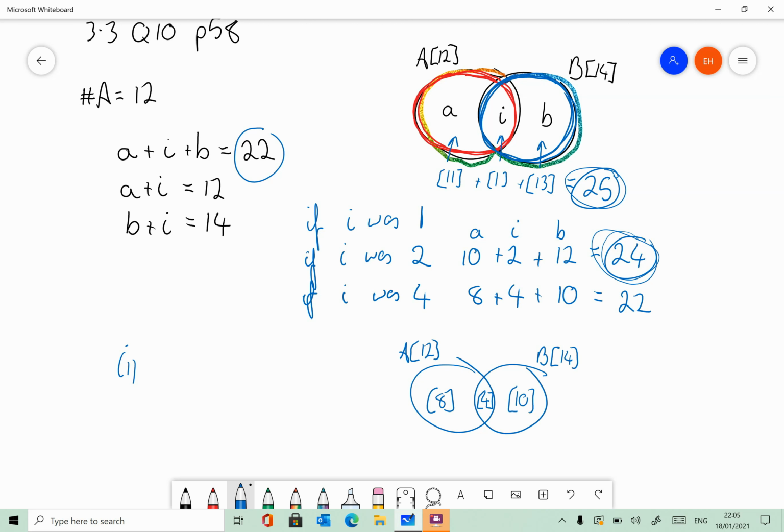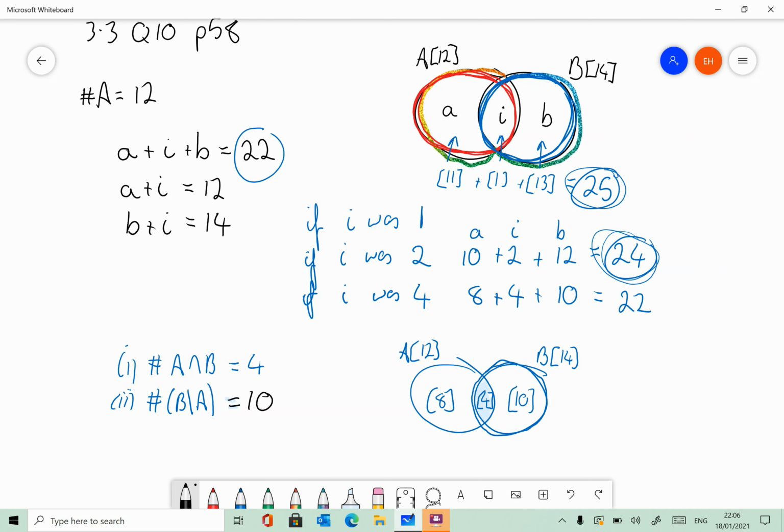Part 1, the size of A intersection B, well, that's equal to 4. Part 2, the size of B without A. So B without A means we take the entire set B and then we remove this part from it. So it's going to be just the 10.